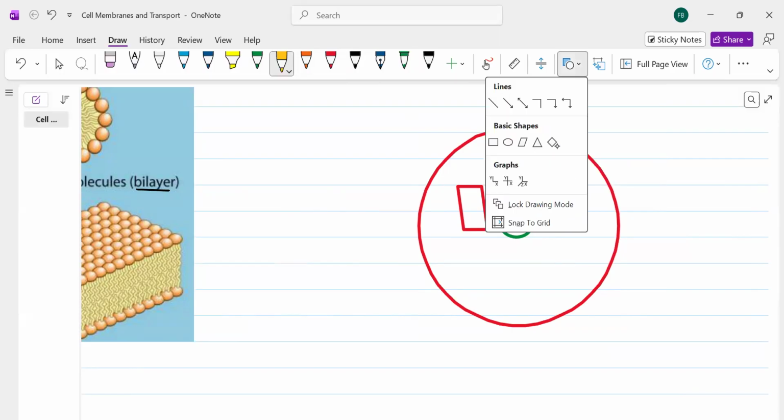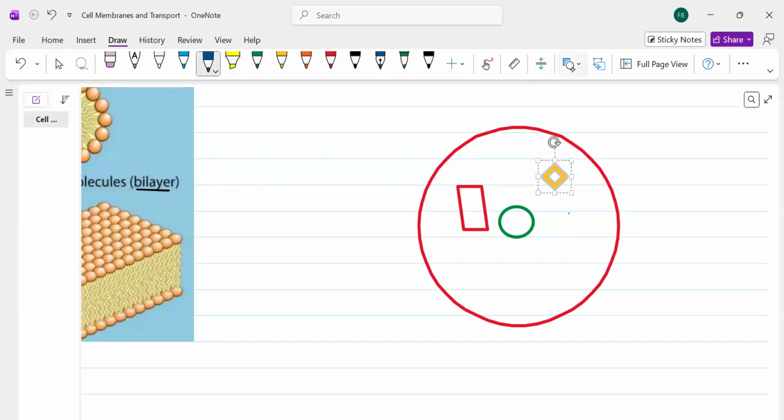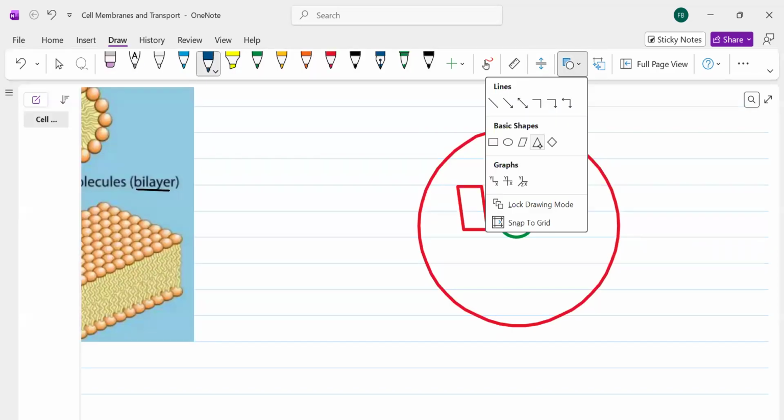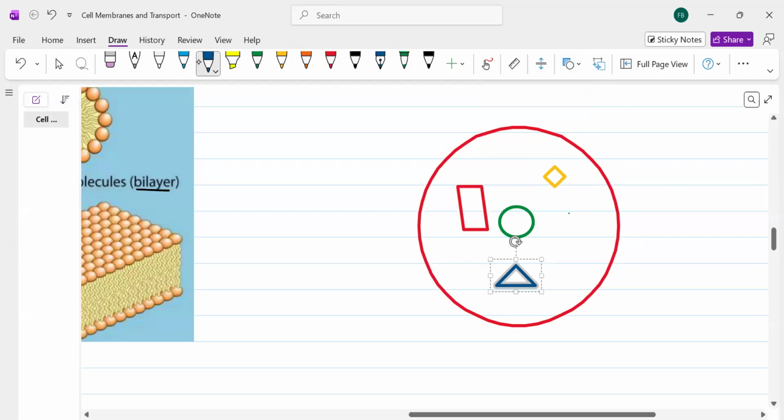I'm just adding different diagrams. Now, see, maybe this is the nucleus. Okay, this is the nucleus. And this is mitochondria.